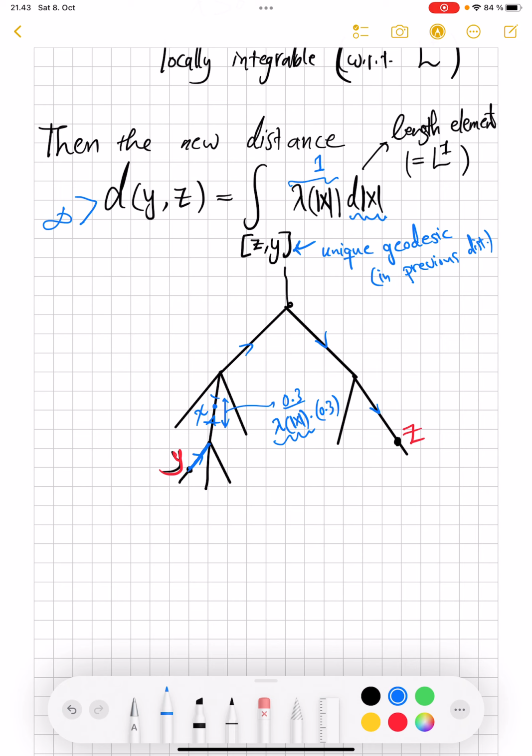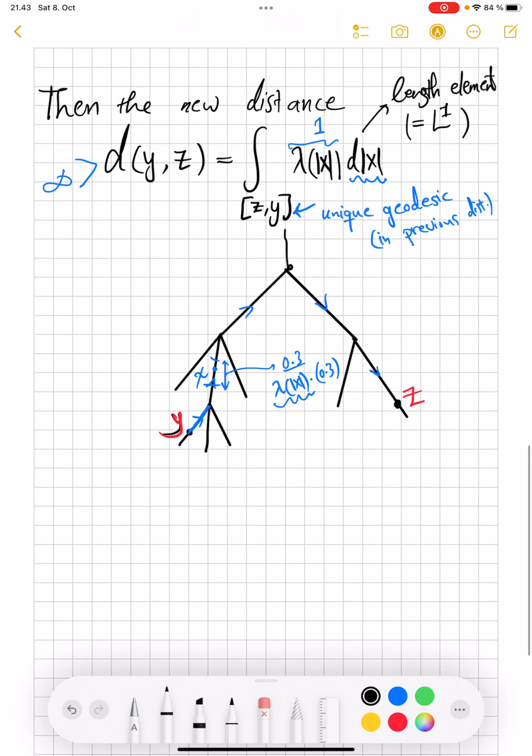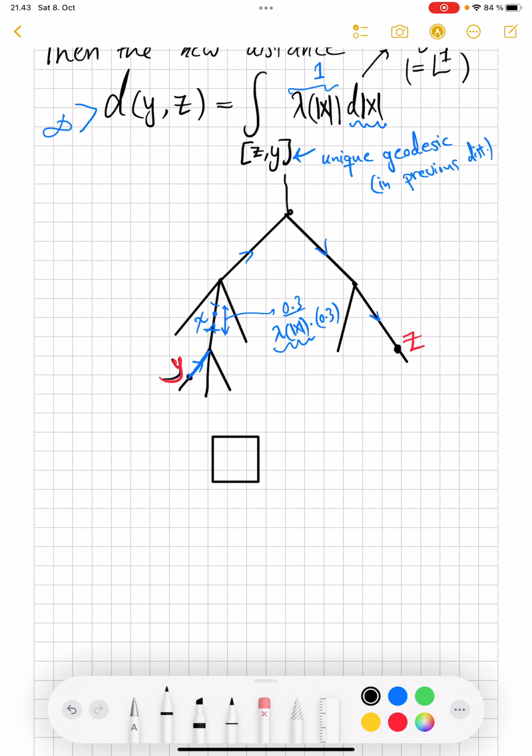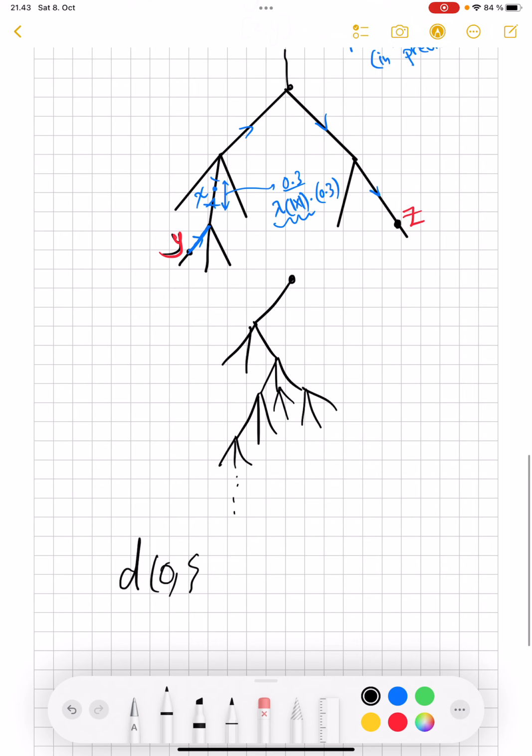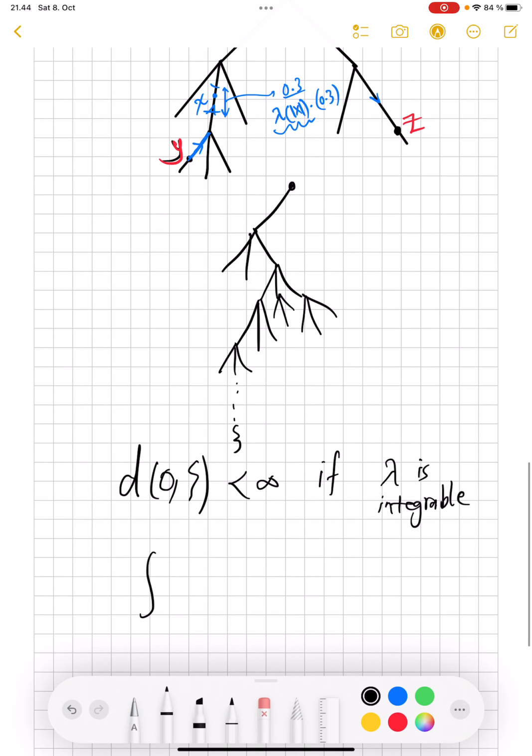And if you require much more from lambda, for example, integrability over the whole thing, that would mean that if you compare this root to something on the boundary, going down this way, the distance of 0 to something on the boundary would even be finite if lambda is integrable, because in that case this would be just the integral from 0 to infinity of lambda t dt, and that would be finite if this integral is assumed to be finite.